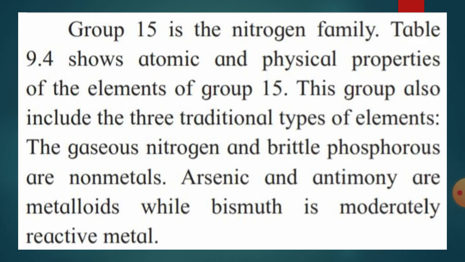We are supposed to know: the first two elements are non-metals, the next two are metalloids, and the last element is a metal. So, student, group 15 is nothing but your nitrogen family, in which five elements are present.